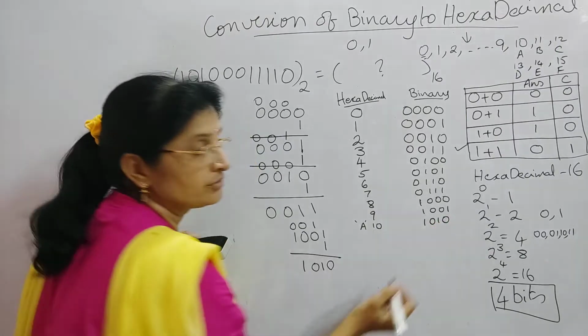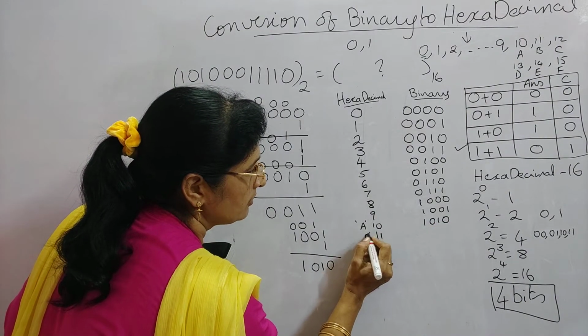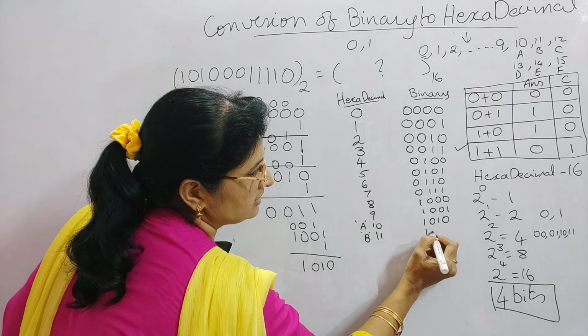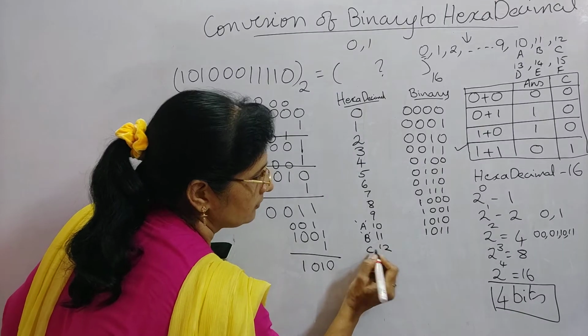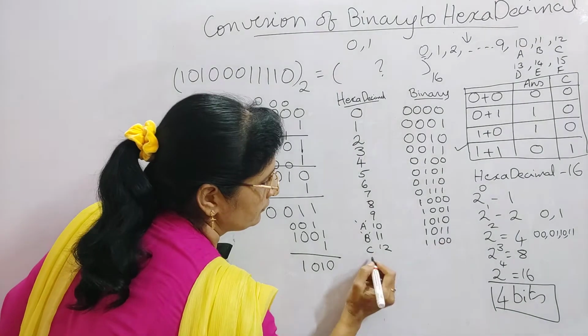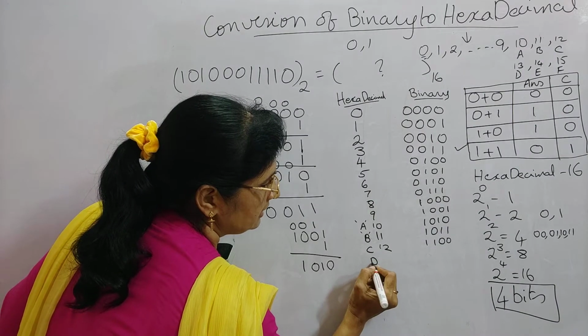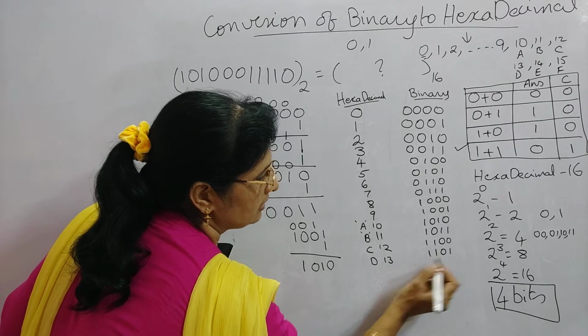1, 0, 1, 0. And the next one is 11, that is for B. That is 1, 0, 1, 1. For 12, it is 1, 1, 0, 0. For 13, D, it is 1, 1, 0, 1.